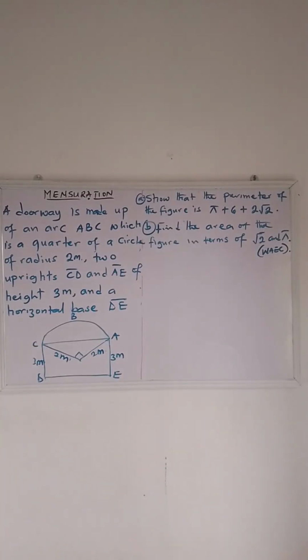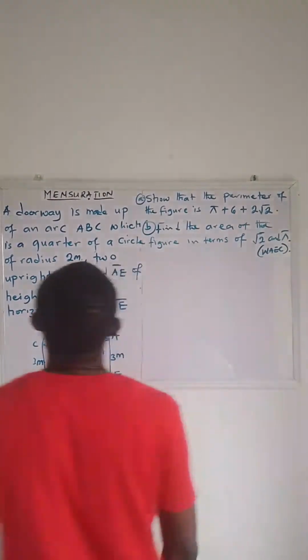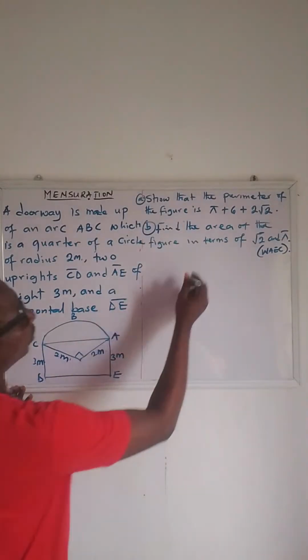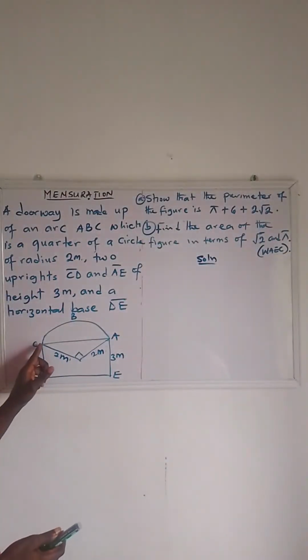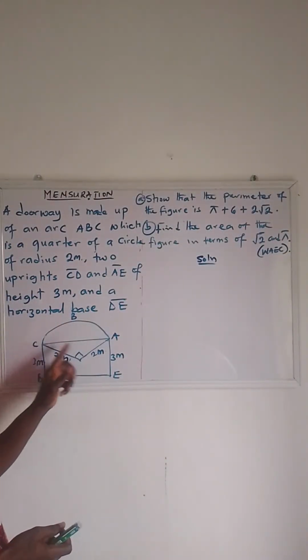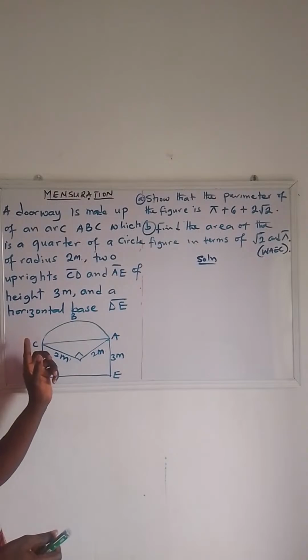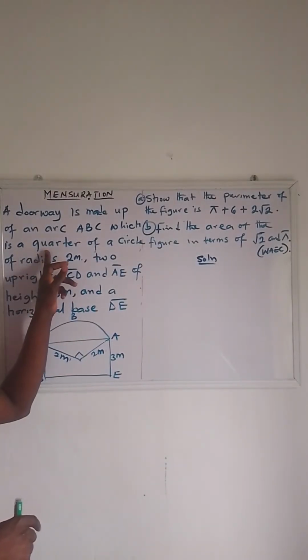The first thing given in the question is that ABC is an arc, which is 1/4 of a complete circle.